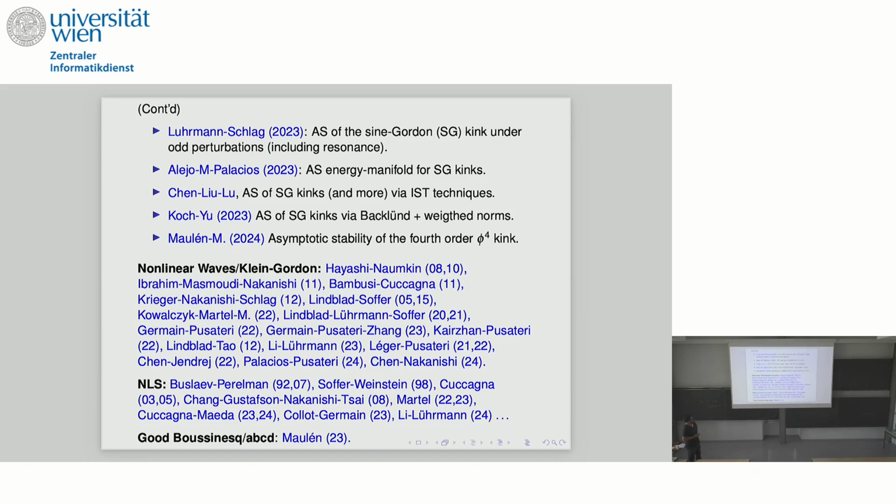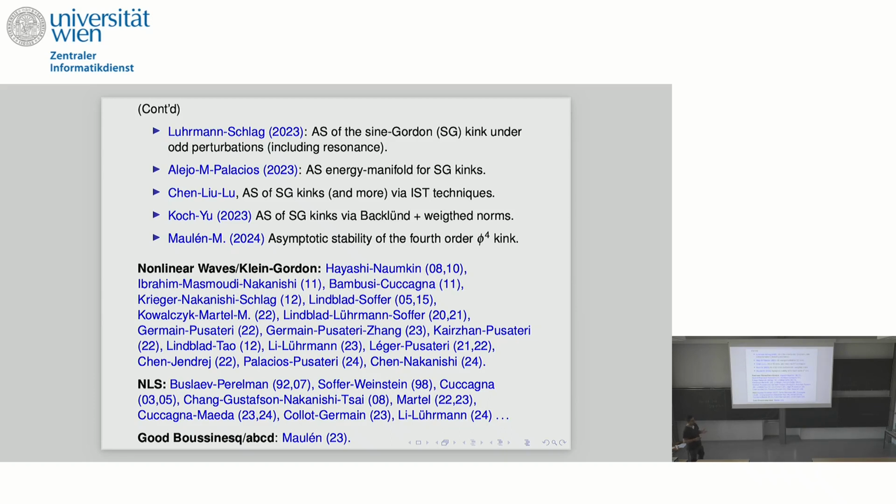So actually, this is only one part of the field, right? Phi4 or kinks is only one part of a big field considering asymptotic stability. As Jonas mentioned in the previous lecture, there is a different way to see the kink problems, either by considering it as, let's say, a soliton problem with a kink, or trying to consider the problem as a nonlinear Klein-Gordon model with variable coefficients.